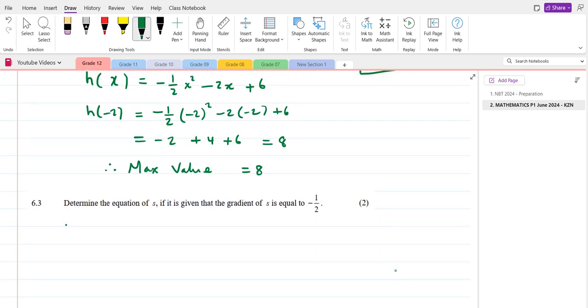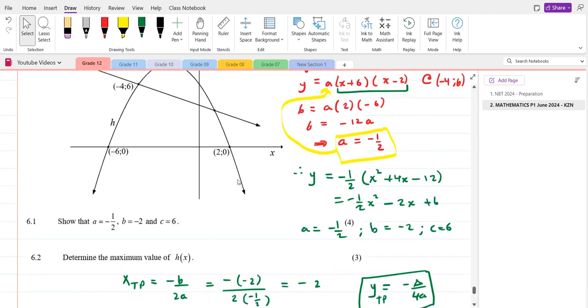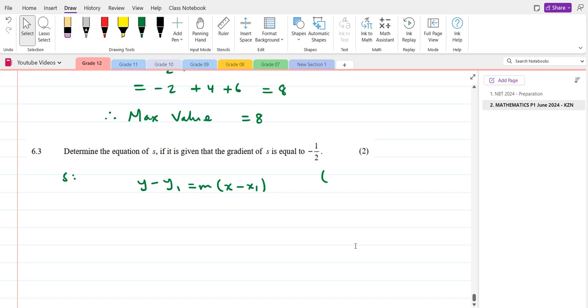The equation of S is y minus y1 equals m into x minus x1, and we have a point that goes through minus 4 and 6. So y minus 6 equals, gradient is minus half, x minus minus 4, x plus 4.